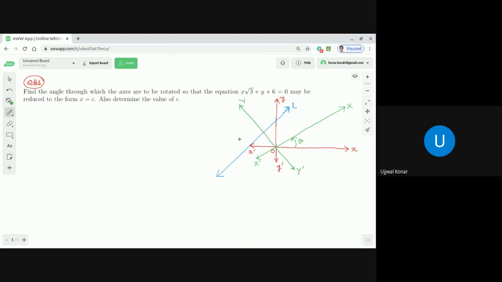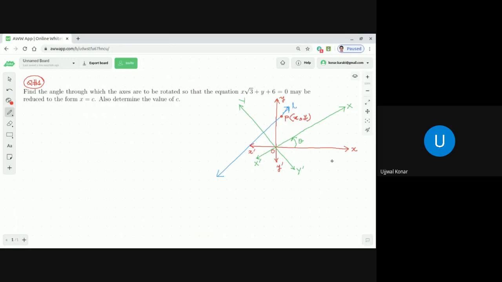Whatever picture I have shown here is a symbolic representation, right? Now, if we work on this problem, suppose P is any point on the straight line, with coordinates x and y with respect to the original coordinate axis xy.